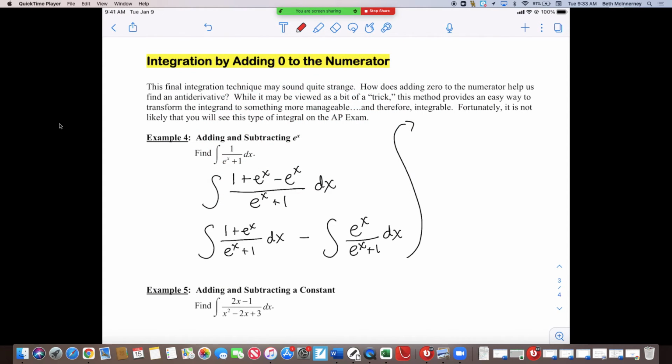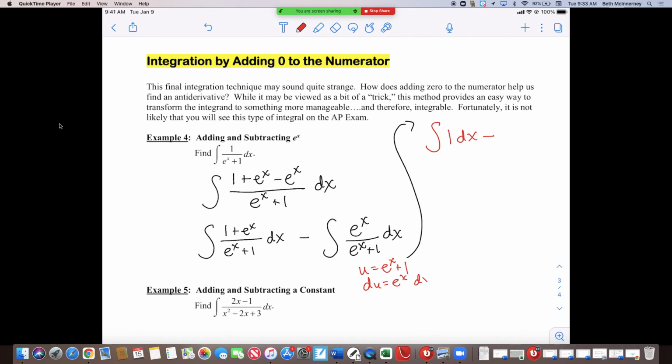What happens to my first fraction? It's 1, right? 1 plus e to the x over e to the x plus 1, that's just 1 dx. We know how to do that. And what could you do now with the second fraction? How? What would I want to substitute? You got it.